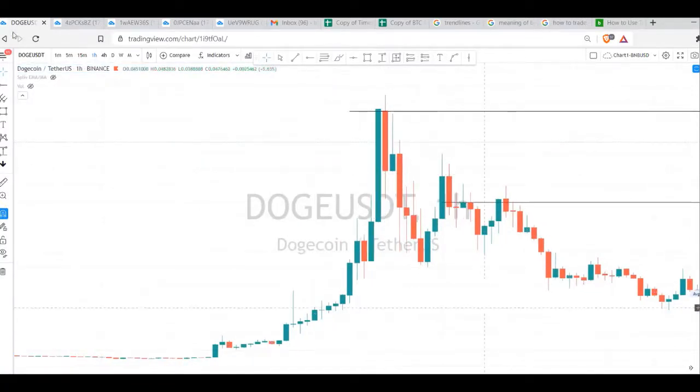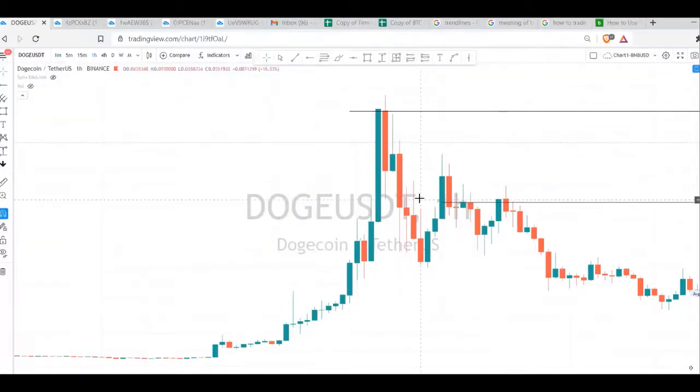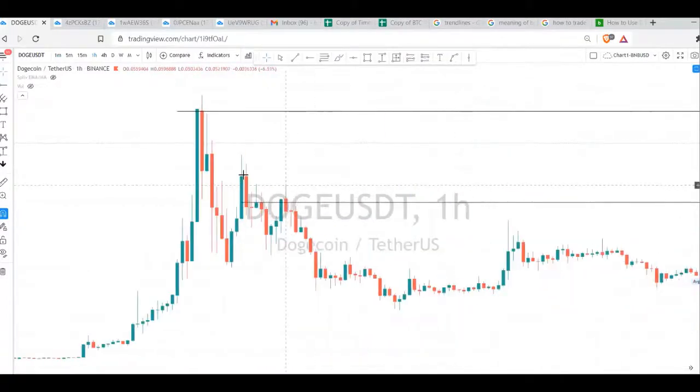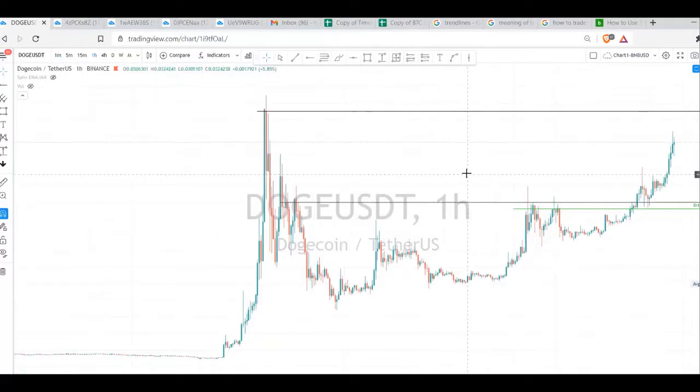So we have that memory, and that memory tells us there's a higher probability that the current upward trend, when it gets to that same level, is going to reverse. So many traders will just place our sell there. If I'm doing the same thing, you are doing the same thing, and many other people in the world are doing the same thing, it makes the market a self-fulfilling prophecy.